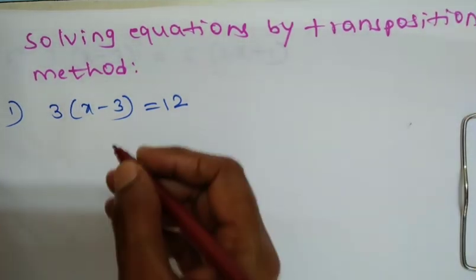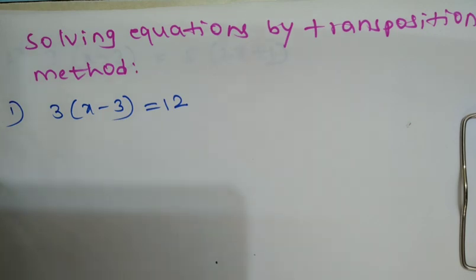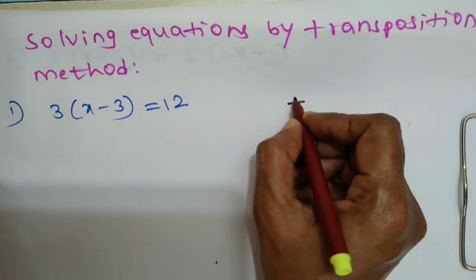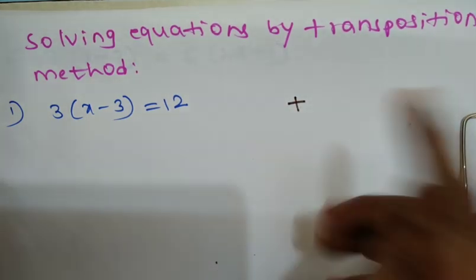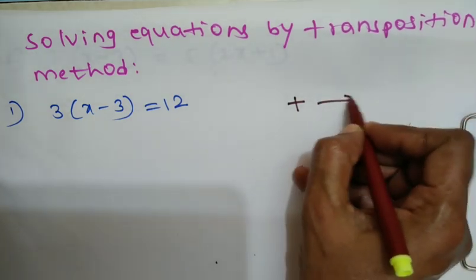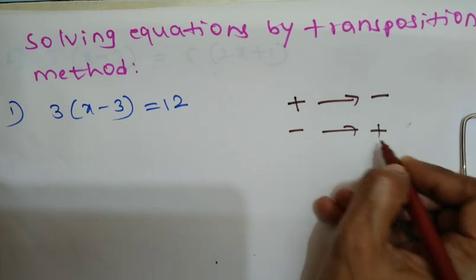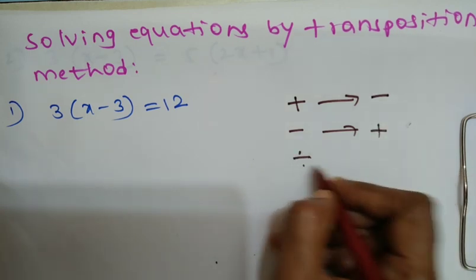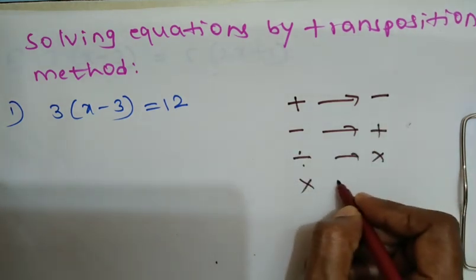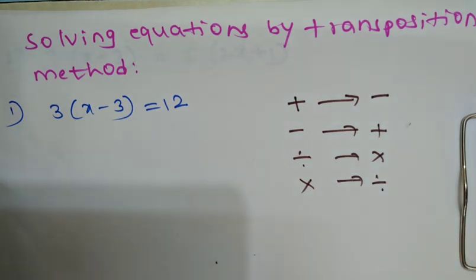Transposition method means here we don't write the steps, we directly solve. If a term changes its sign, then plus becomes minus, minus becomes plus, division becomes multiplication, and multiplication becomes division. When you solve some questions you will understand.